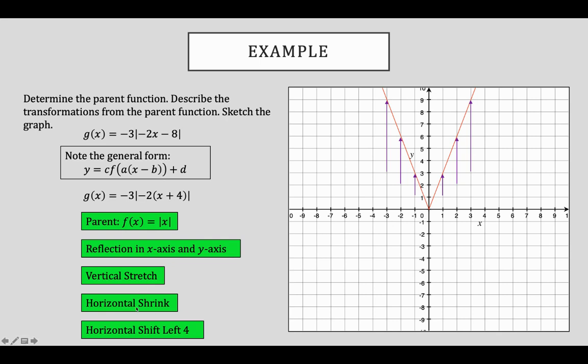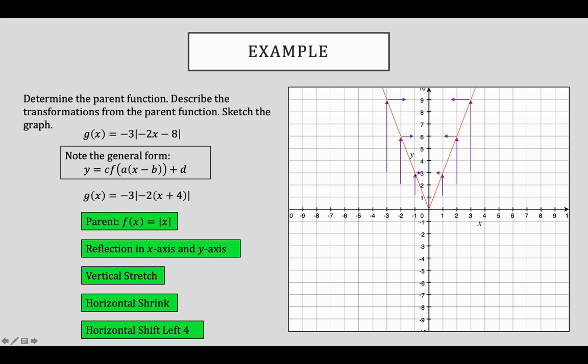Now we have to apply a horizontal shrink. We have a horizontal shrink by a factor of 2. That means all the x-coordinates of all of our points are going to get divided by 2. In other words, this x-coordinate that was here at x equals 1 is going to move to x equals 1/2.